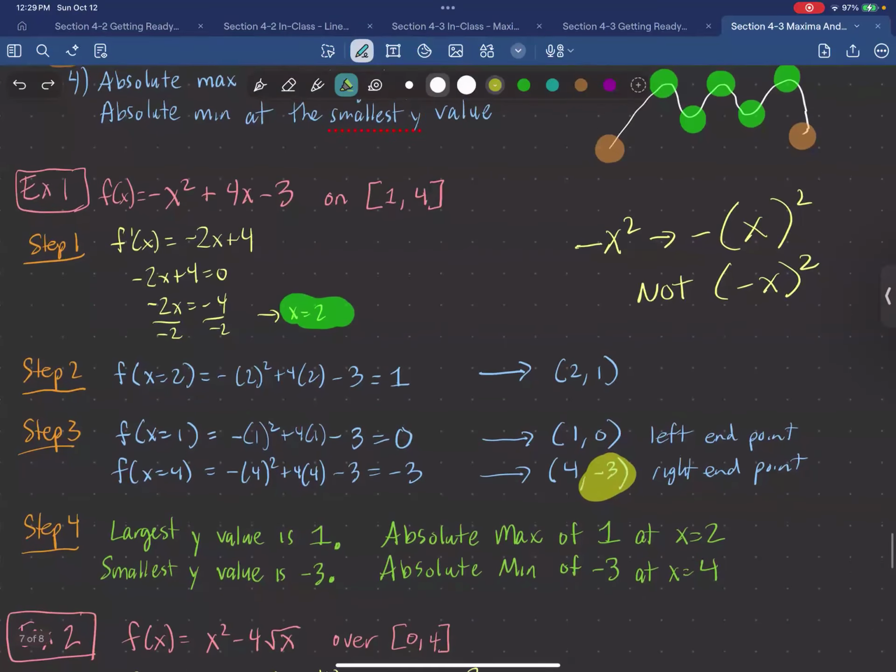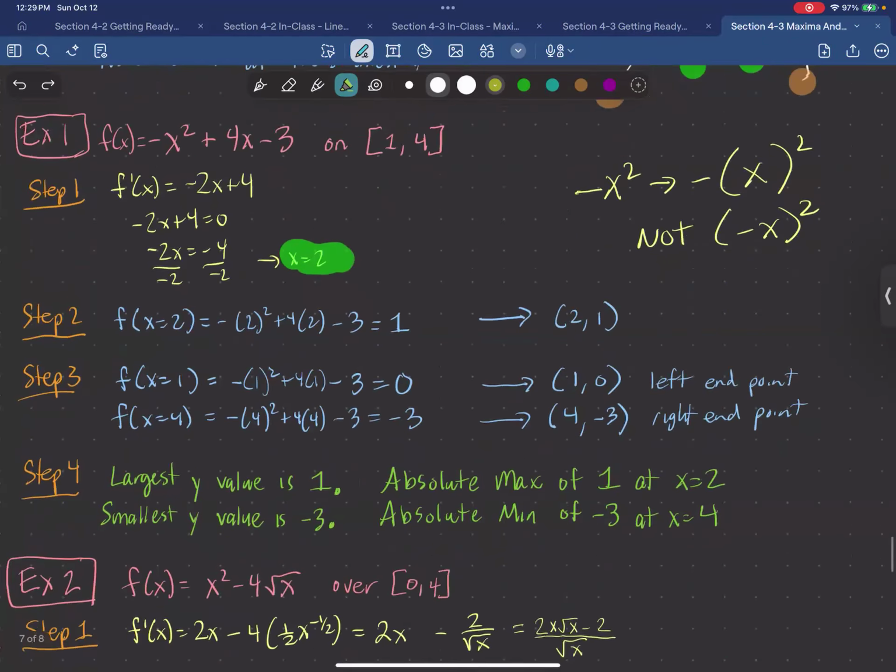I think this might be the last example right here. So hit pause and try to figure out where the absolute max and min is for yourself. We've got f of x equals x squared minus 4 square root of x over the interval 0 to 4. Pause the video, work it out, see what you got. All right, I'll assume you did.